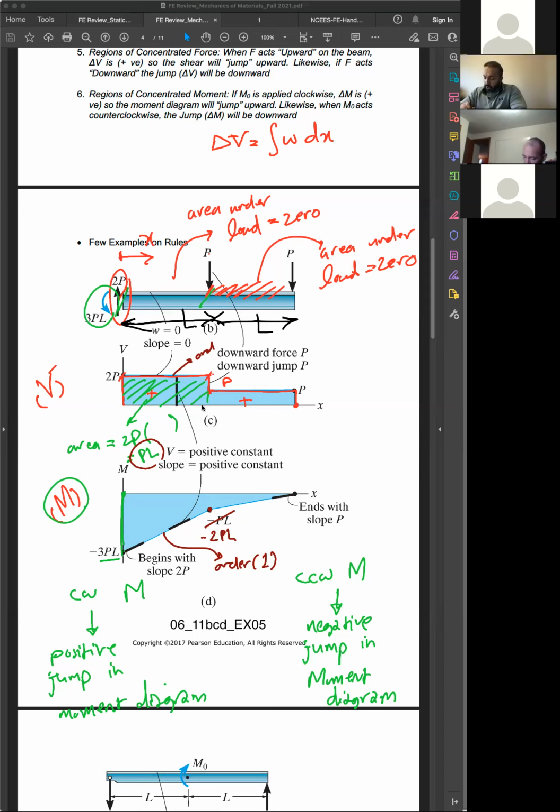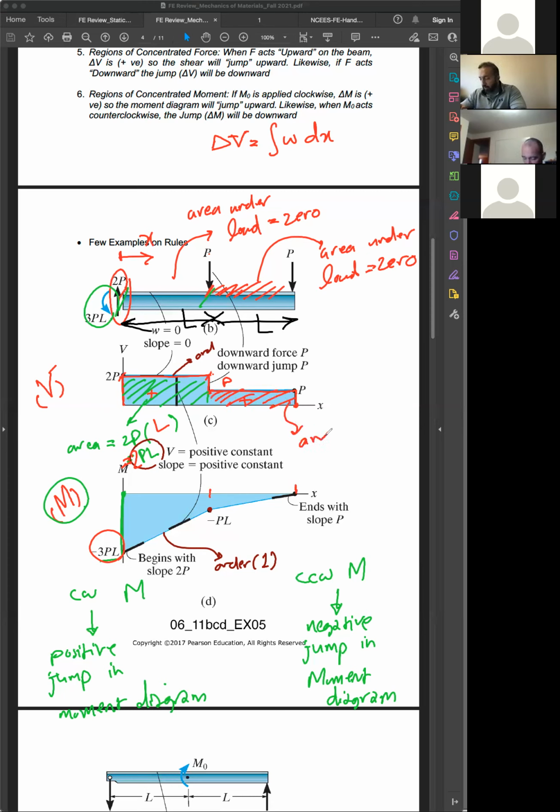So this area would be 2P times 1L, so now it would be 2PL. You're at 3PL. You change 2PL positive, you're going to end up with negative PL. So it is correct. You're at negative PL. Now, the change of moment between this point and this point would be the area under the shear diagram.